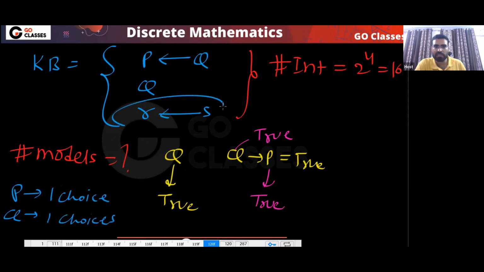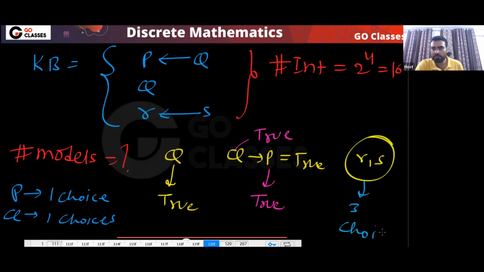What about R comma S? For R comma S together, they have three choices. So the number of models will be 3. The number of co-models will be 15.